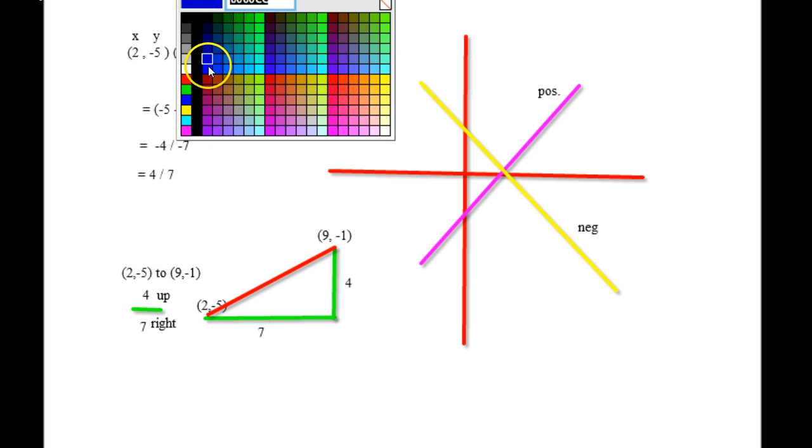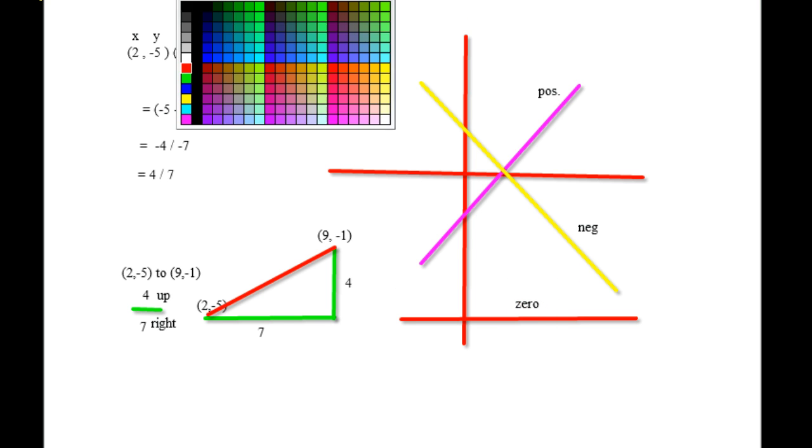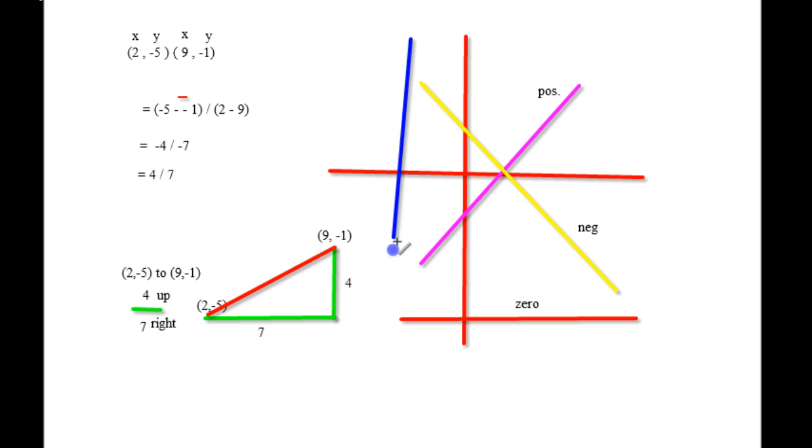Say I went straight across, that is called zero slope. Pretend it is 0, it's not exactly 0, I went up a little bit at the end. And if I went straight up and down, this would be called undefined slope.